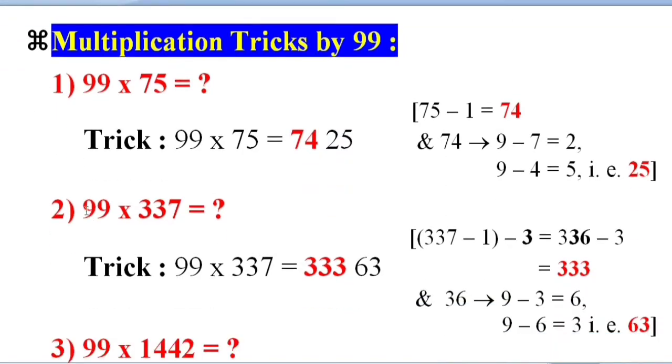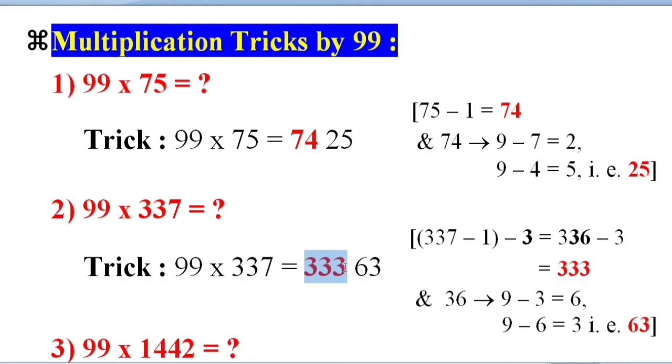99 into 337 equals what? 337 minus 1 equals 336. 336 minus 3 equals 333.